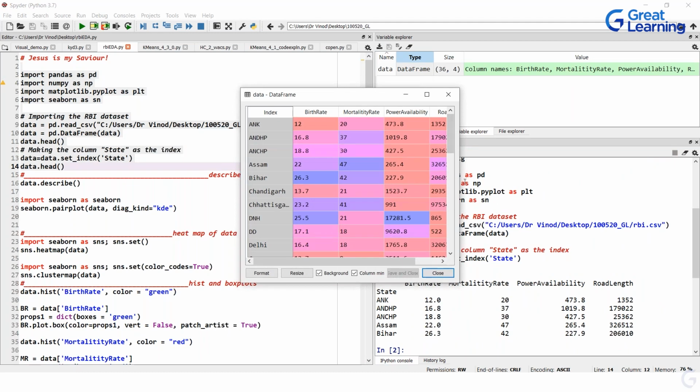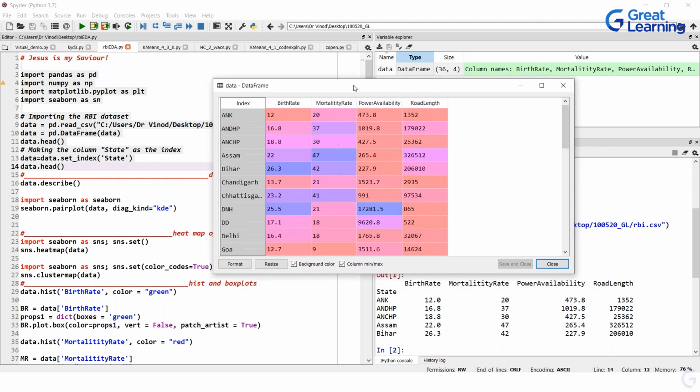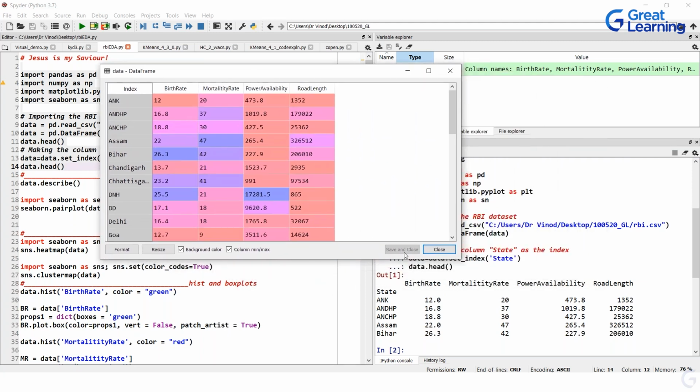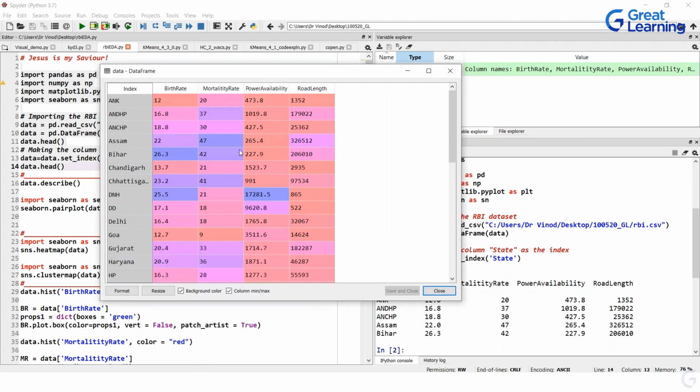So this is Python's Spyder. I believe that you all are working with Jupyter. Jupyter and Spyder both are very good functionalities. Today we are going to see through Spyder. Don't worry, both are the same thing. The same code, if you put it in Jupyter, will work. So either you can use Jupyter or you can use Spyder.